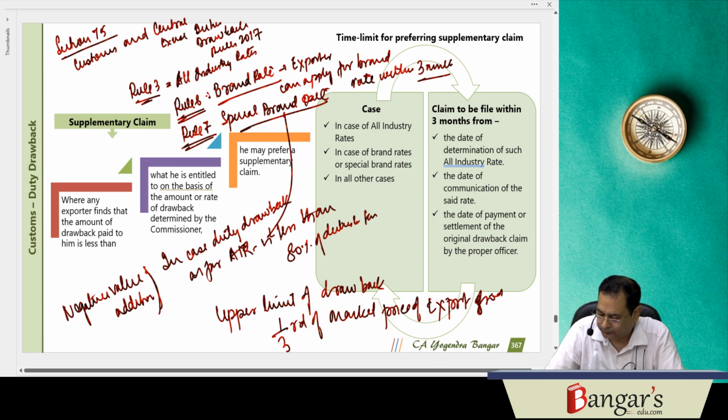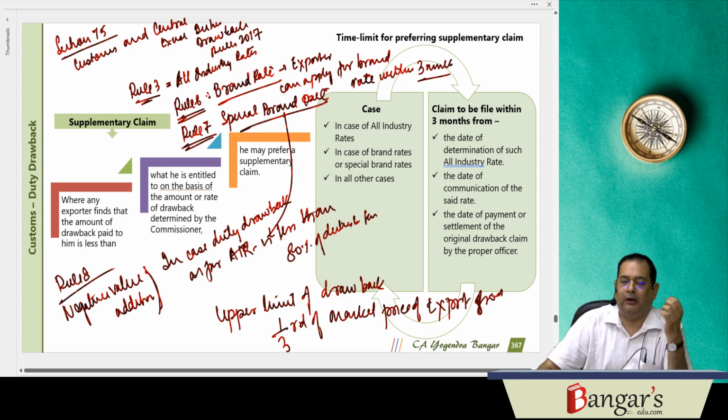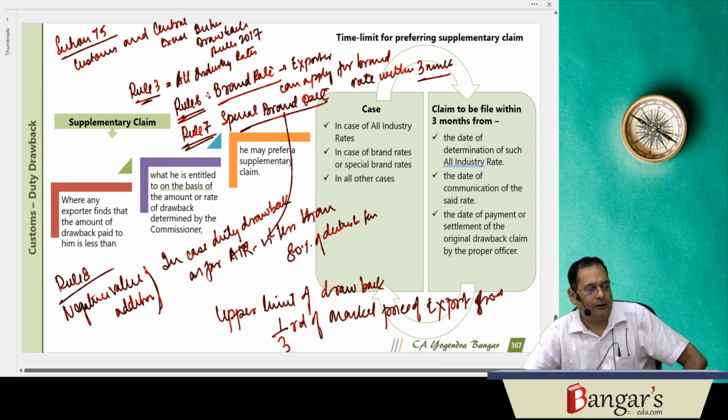Or if minimum value addition has been specified, the same must be achieved. Rule 8 is dealing with the same.